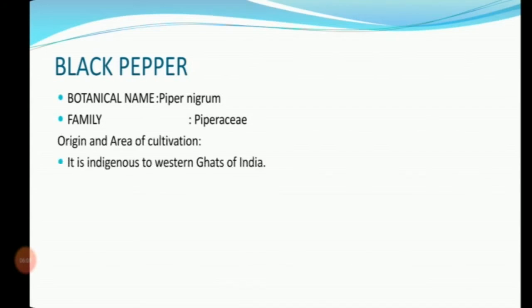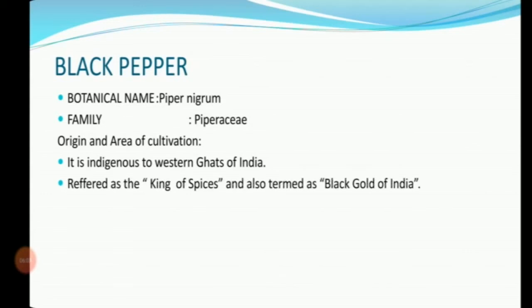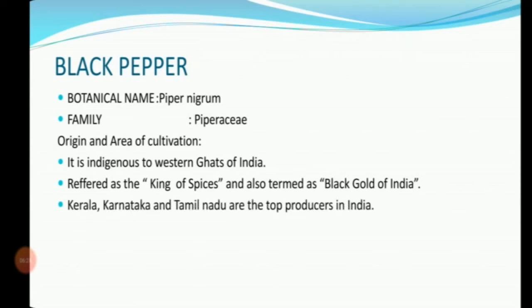Black pepper is indigenous to the Western Ghats in India and is referred to as the king of spices. Cardamom is the queen of spices, and black pepper is the king of spices, also called the black gold of India. This may be asked as a question.